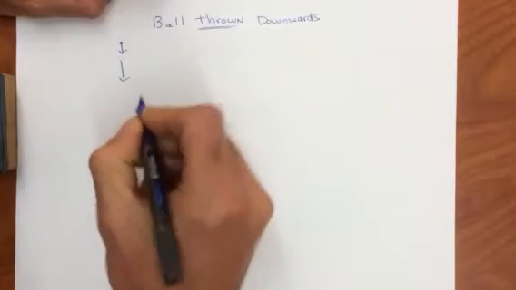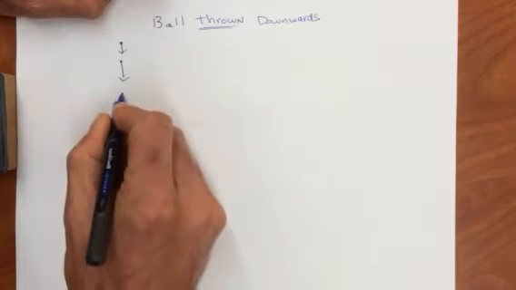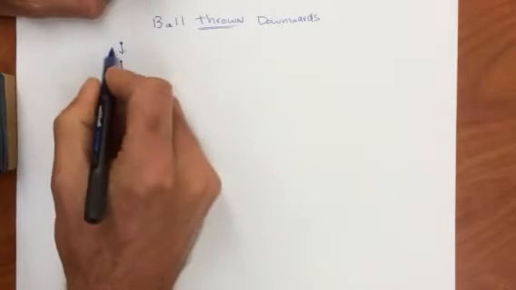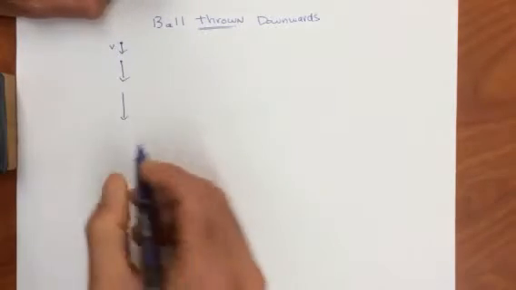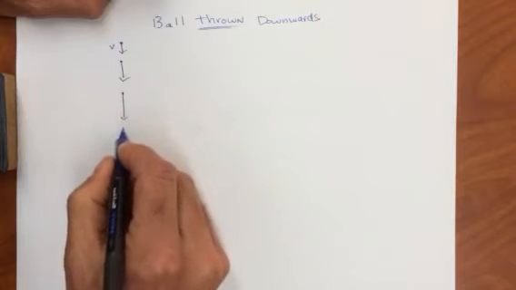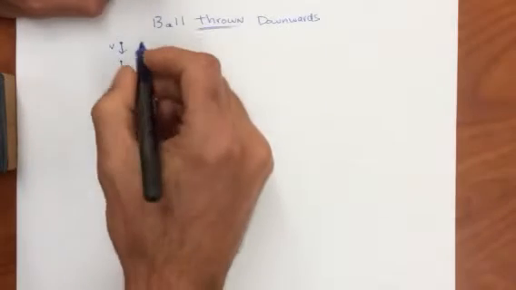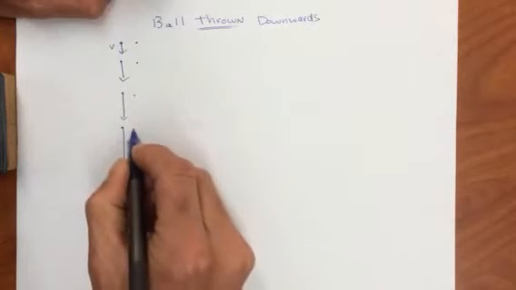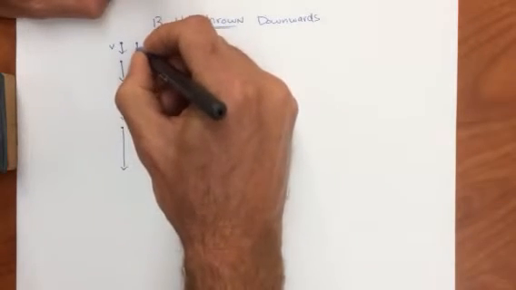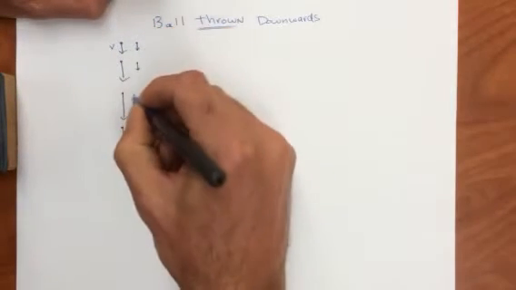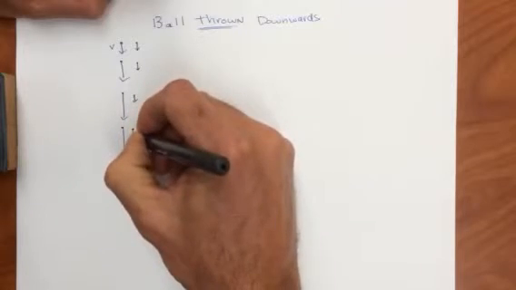You have a beginning velocity, so my first velocity vector is not a dot, and these would be my velocity vectors, and they'd be changing over time. My acceleration would be constant, unchanging over time. So these are my acceleration vectors.